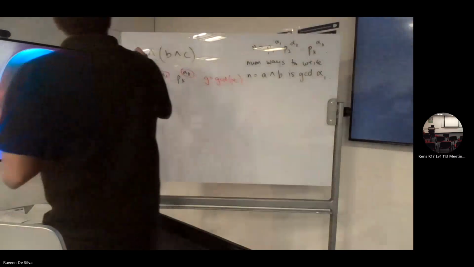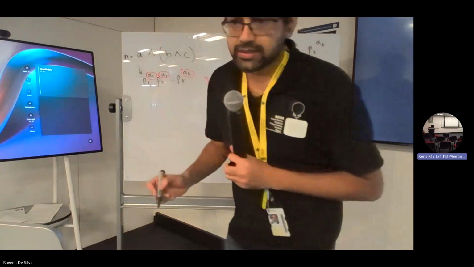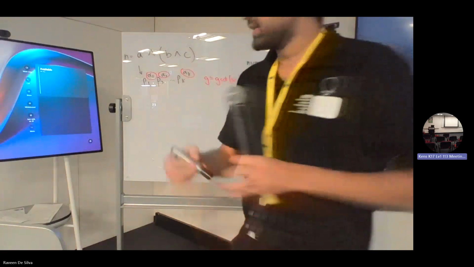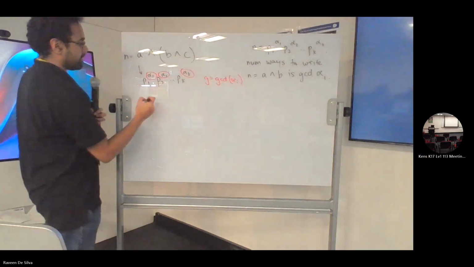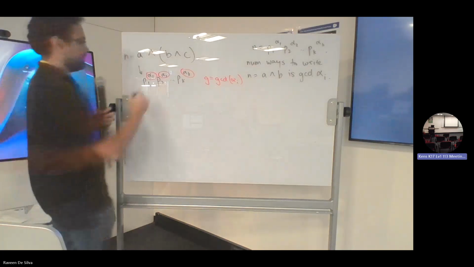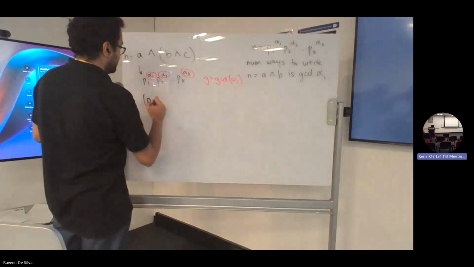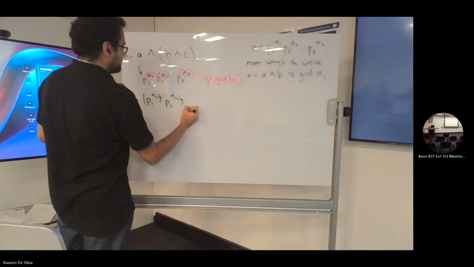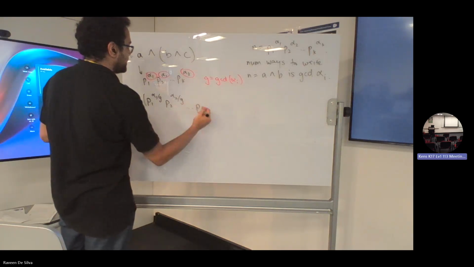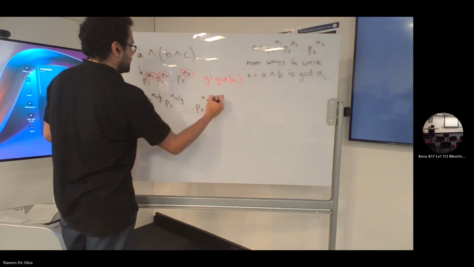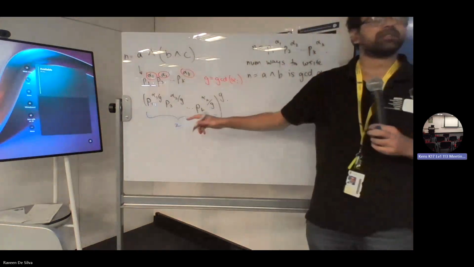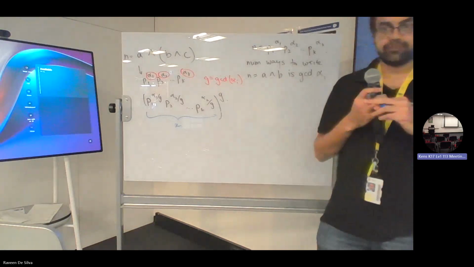So if we write this as a perfect power of G, then we can rewrite this as P1 to the alpha 1 over G, P2 to the alpha 2 over G, etc., up to Pk to the power of alpha k over G, and all this to the power G. Let's call all of this X. Yep, so this is the smallest base from which we could build the power tower. Okay.